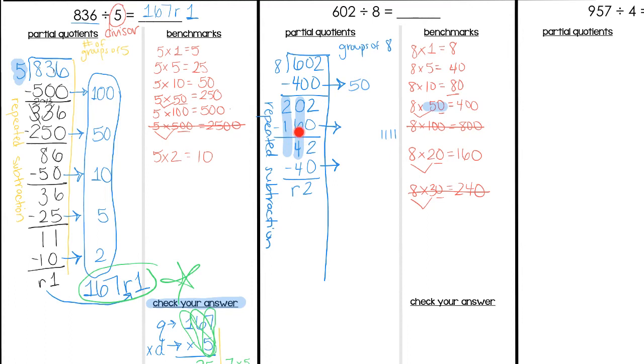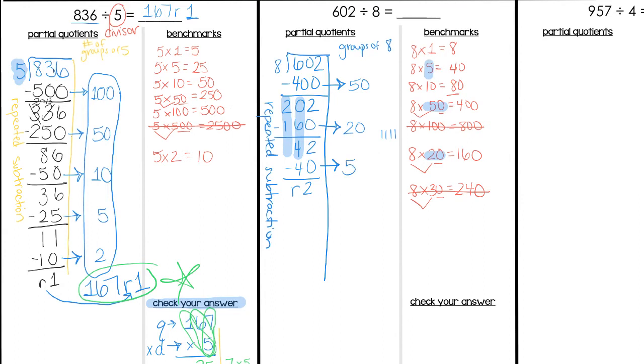In 160, how many groups of 8 were there? There were 20 groups of 8. And in 40, how many groups of 8 were in 40? There were 5 groups of 8.